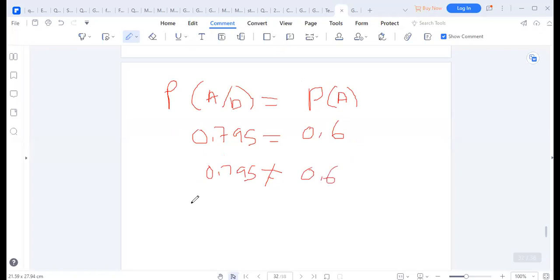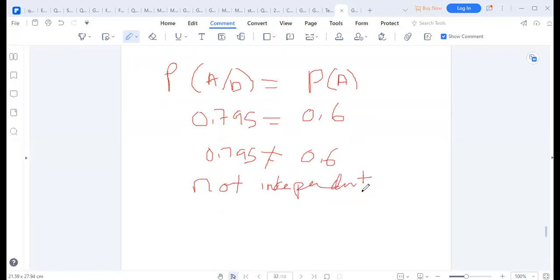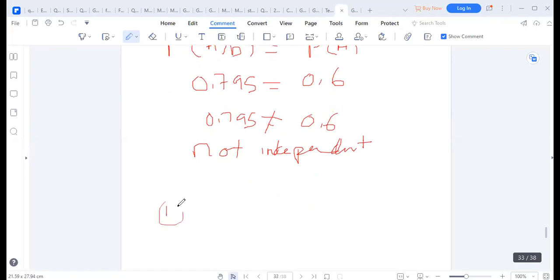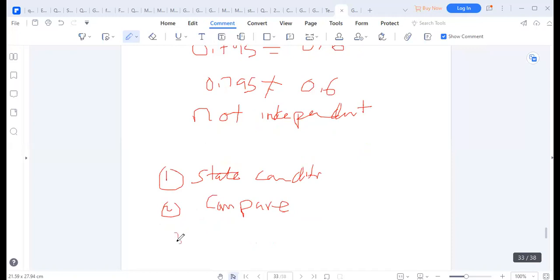So they're not independent. So for doing conditions, step 1, you state the condition. Step 2, you compare figures. Step 3, you conclude. These are the statements that we've been talking about.